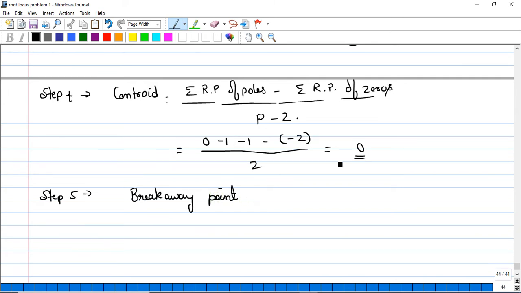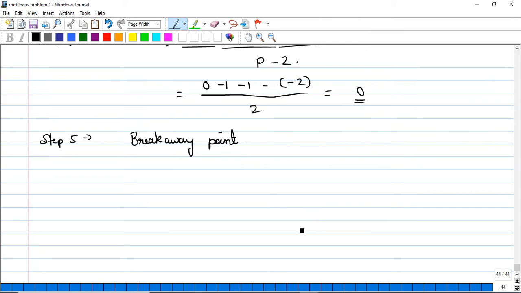Okay, so following are the conditions to check for the breakaway point. First we need to consider the characteristic equation, that is 1 plus G(s)H(s) is equal to 0.